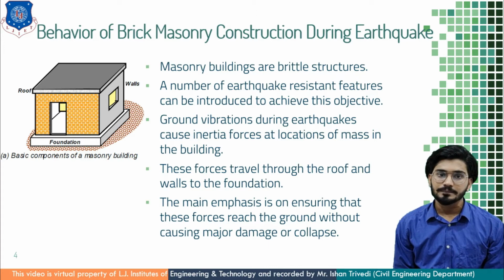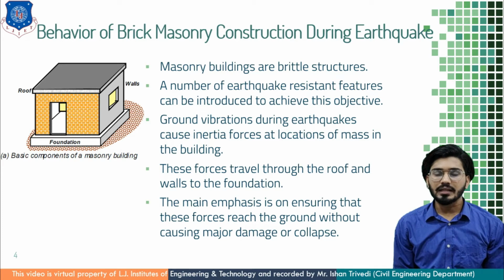Understand these things. The ground vibrations during earthquake cause inertia force at the location of mass in the building. These forces travel through the roof and walls to the foundation. These things were already discussed in the previous session. The main emphasis is on ensuring that these forces reach the ground without causing any damage to the structure.